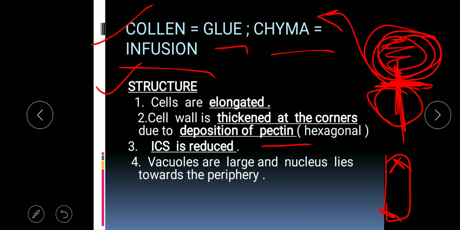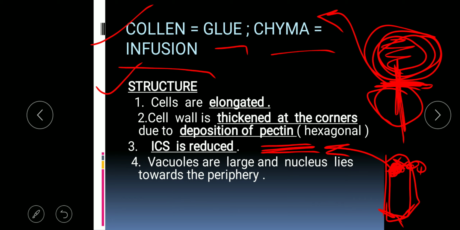So when the cell wall is thickened at the corners, the cell will appear hexagonal in shape. And what will be deposited at the corners is a polysaccharide, and that polysaccharide is known as what? Pectin.